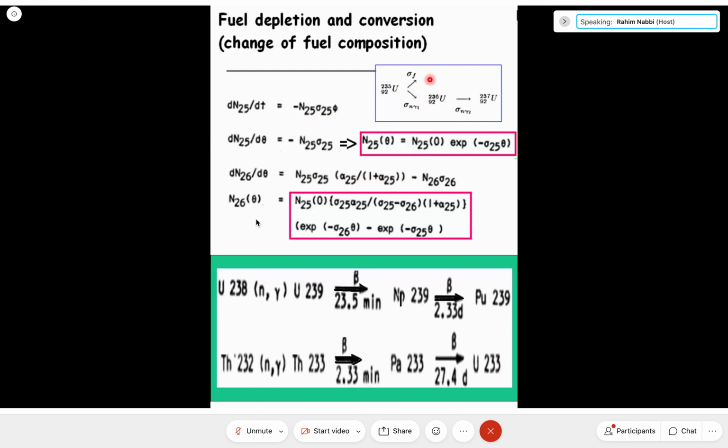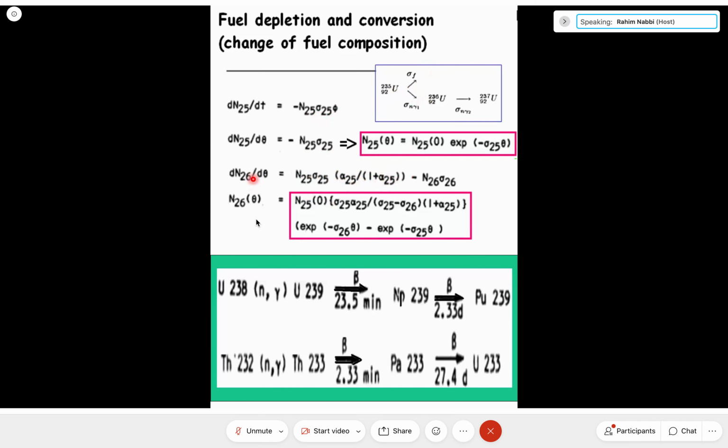It means only this branch. This is alpha 25, defined as fission to capture. That would be the production term for the differential equation of uranium-236.